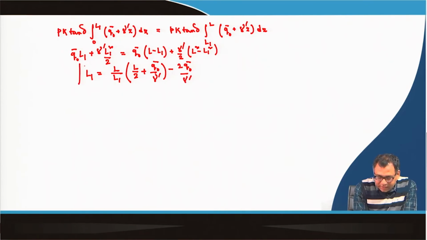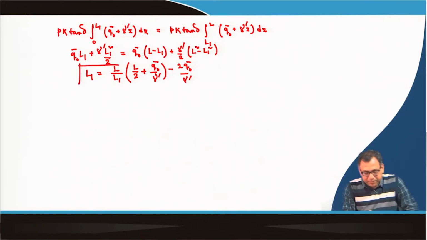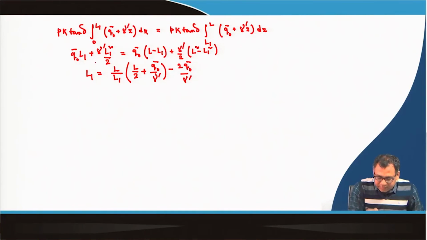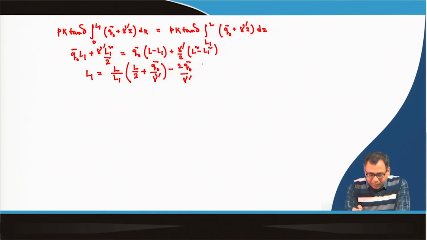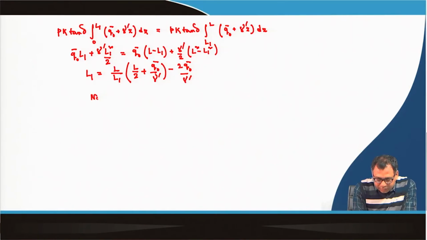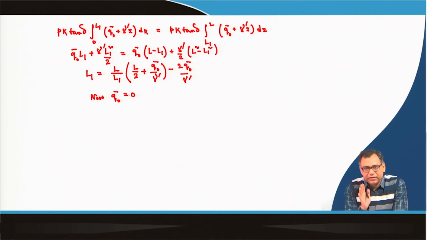So, this is the expression of L1, and that we have to use for our negative skin friction calculation. So, we can determine what is the value of L1. Now, if I put Q0 equal to 0, which practically is not possible, just to get an idea what would be the approximate value of L1.